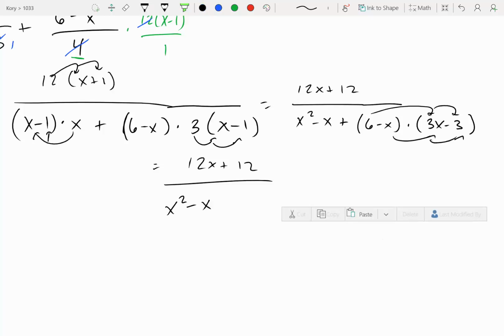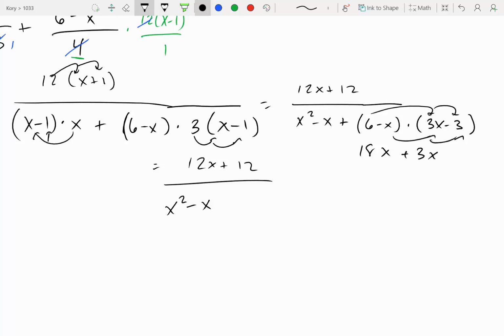So we're going to FOIL. We get 18x minus 3x squared plus 3x. Oh, just 3x. There we go. Sorry, I came up with this one right now, so I wanted to do something a little more tricky.